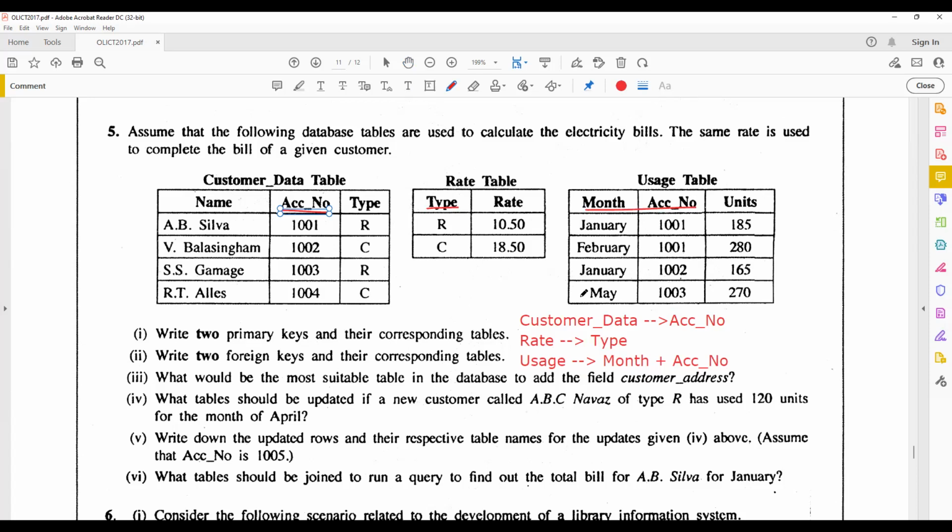Right, next question. Write two foreign keys and their corresponding table. Now, find two foreign keys. Customer data table. Do you have any foreign keys in the customer data table? Yes, Amasha?